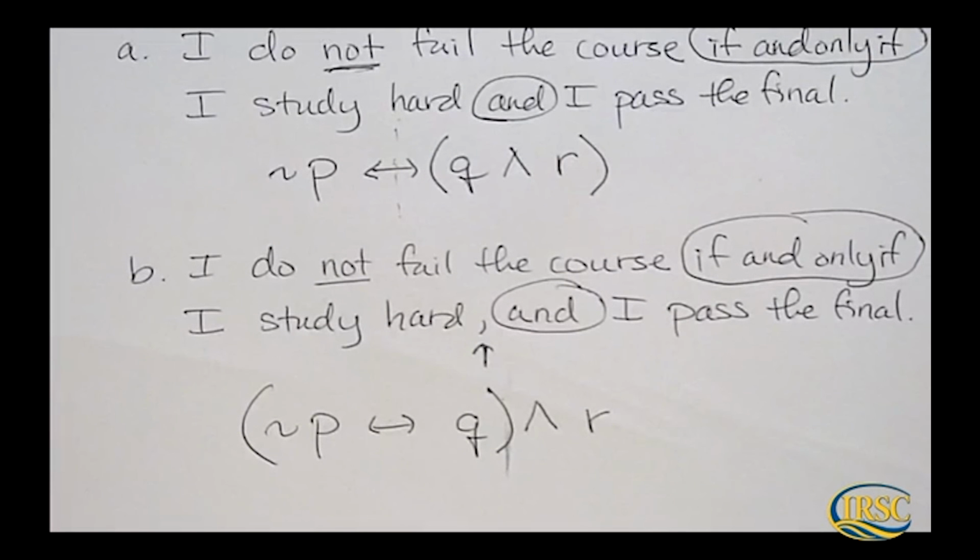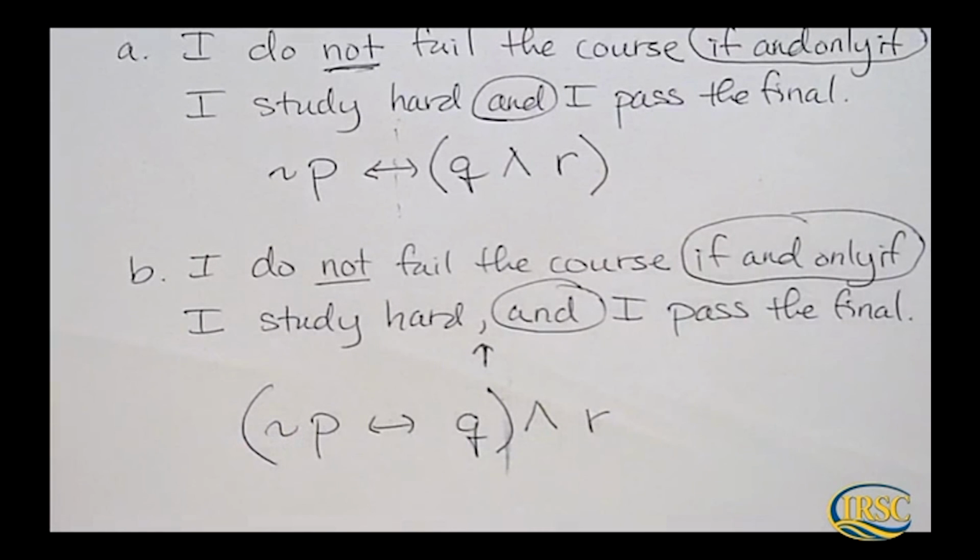Now the second sentence, I do not fail the course if and only if I study hard, comma, and I pass the final. So in other words, the condition to not fail the course is only studying hard, because that's where the grouping comes in. Right here, the if and only if only includes the Q. If I did not fail the course, then I studied hard, and if I studied hard, then I didn't fail the course.